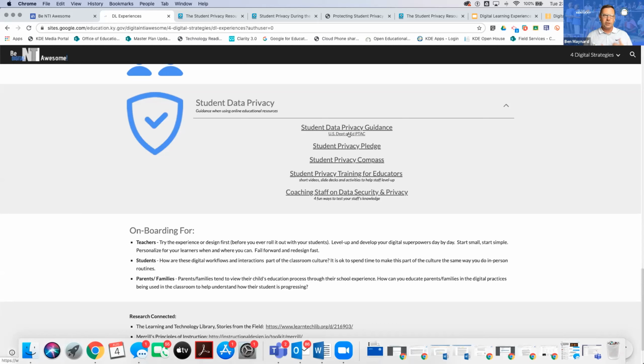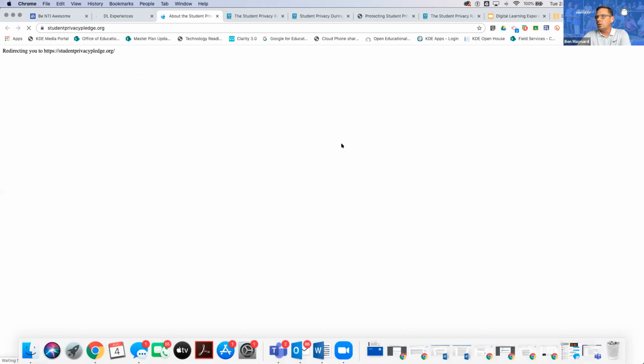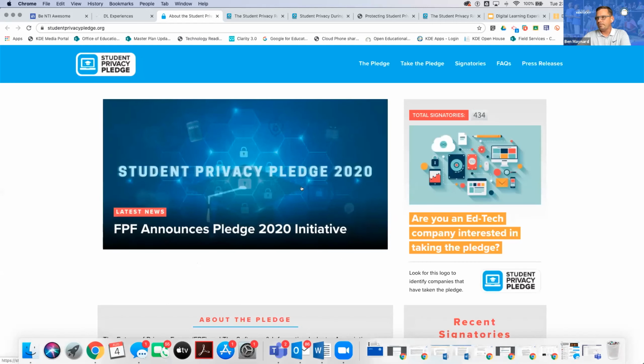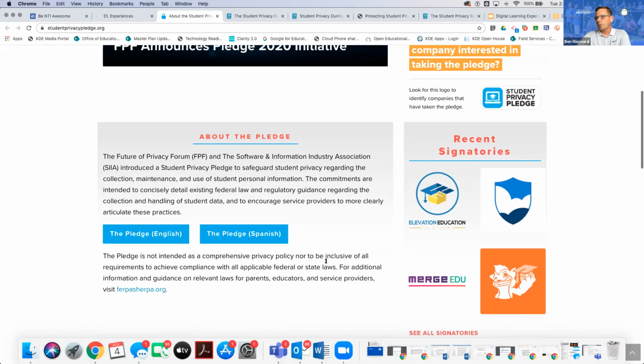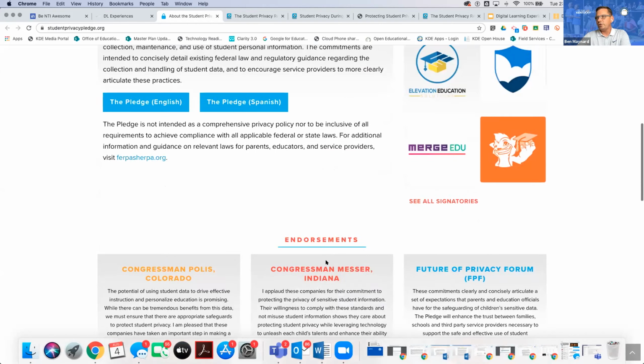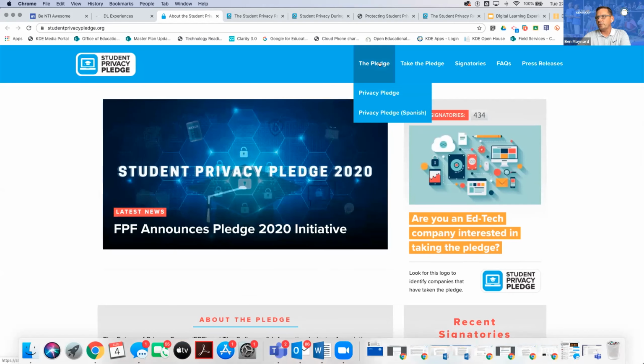If you're looking for connections to where this makes sense and taps into the right places, that's going to give you a starting point. Then as we drill down a little, I wanted to click on the student privacy pledge. It talks a little bit about what the pledge is, and essentially it's this, right?